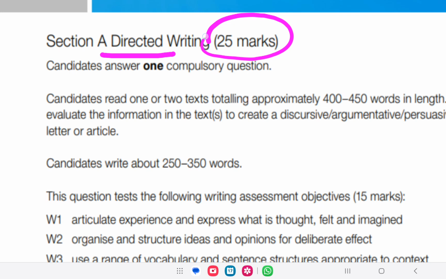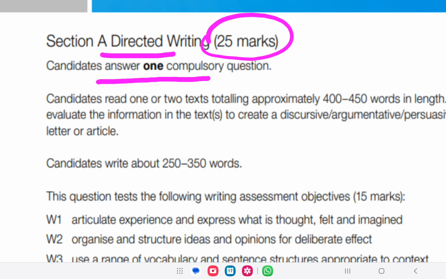This question has 25 marks. That is a compulsory question. That is one question. Here you will have just one thing. That can be a speech, a letter, an article, a report or email. But you are not going to have any choice. You will have just one thing in directed writing task and you will have to do that.